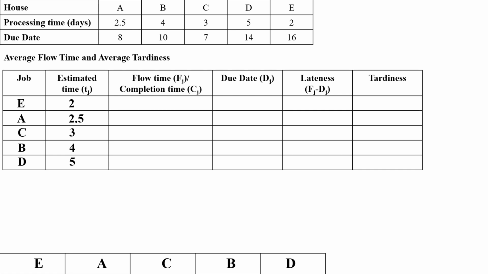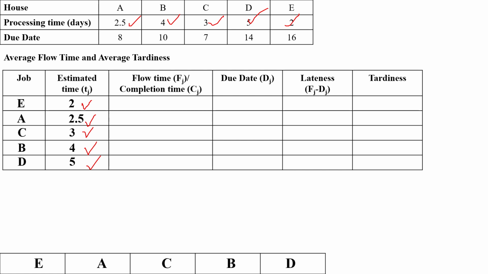In the data, the estimated or processing time is given. For the job E it is 2. Next for the job A 2.5, job C 3, job B 4, job D 5.